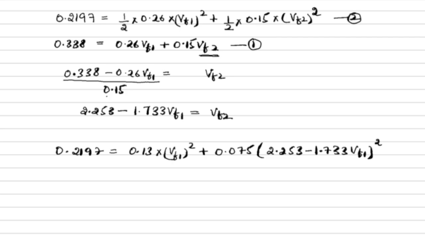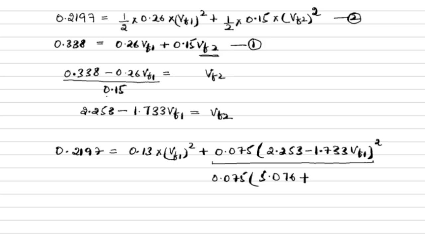Okay, so now we have this one. So now we have to clarify this part, because this is squared. So this will be 0.075 times a minus b whole squared. So that is what a squared will be: 2.253 squared. That will be 5.076, okay, plus b squared. So this will be 1.733 squared.